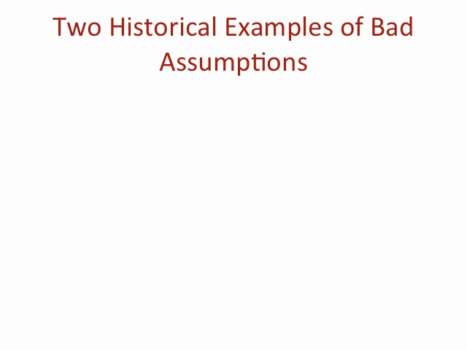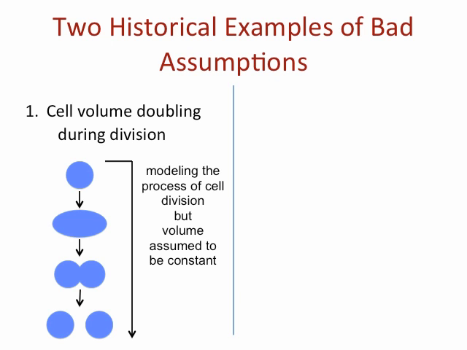The volume assumption often leads to problems in model formulation, and here are a couple of historical examples of bad assumptions. One is to build a cell cycle model on a constant volume, which many people do, whereas the volume is actually doubling. So a model like that cannot be realistic.